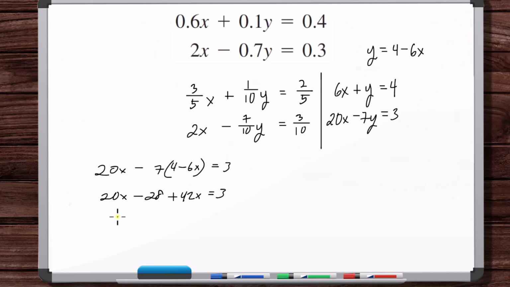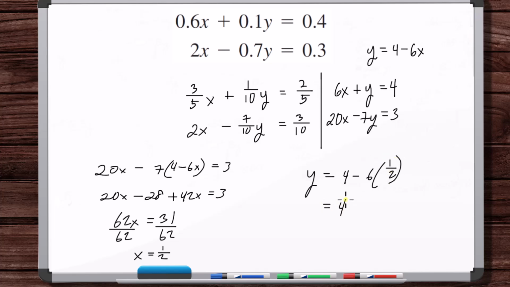Okay, so 20 plus 42 is 62. 28 plus 3 is 31. So x is equal to 1/2. Okay, so now plugging 1/2 in for x, you've got 4 minus 3, so y is equal to 1. So (1/2, 1).